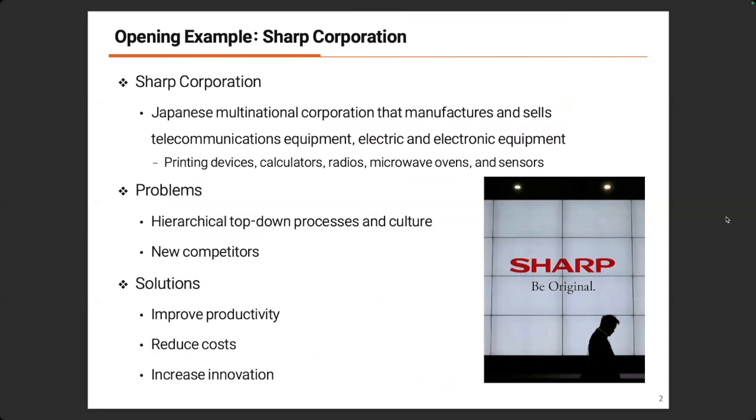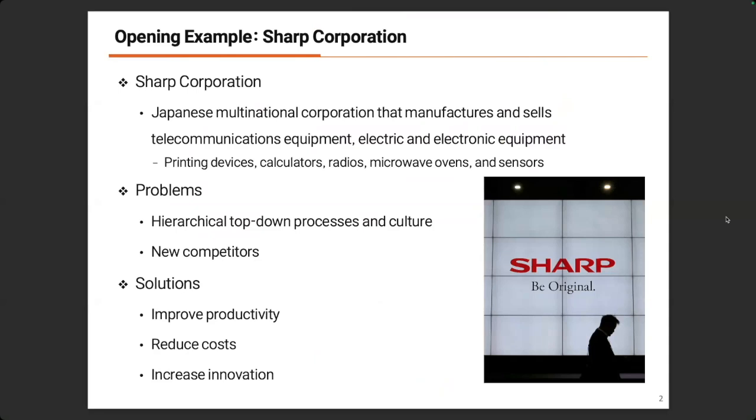Many Asian electronic equipment companies emerged in that period. So Sharp had to find some solutions to make their business more efficient and make more profits against such new competitors.